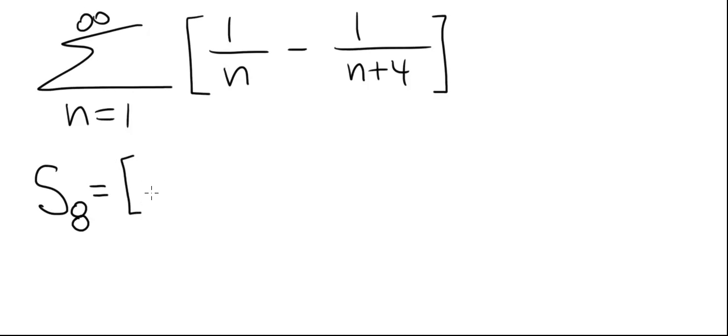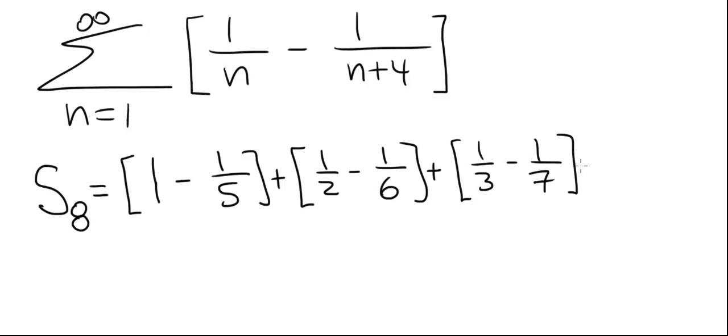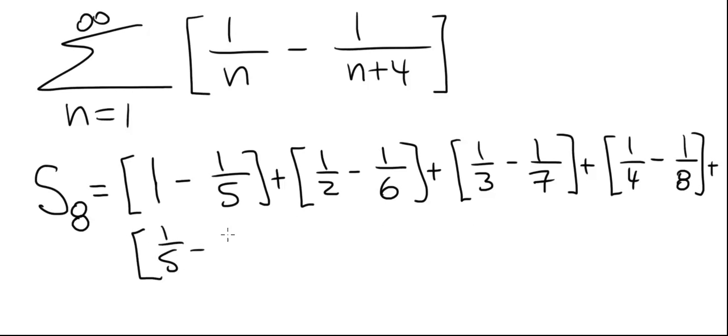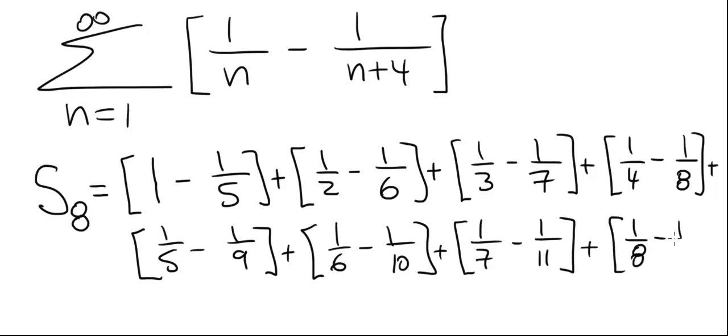Start with n equals 1. When we do that, we have 1 over 1, which is 1, minus 1 over 5. Now when n equals 2, we have a half, and then minus 1 over 6, plus 1/3 minus 1 over 7, plus 1 over 4 minus 1 over 8, plus 1/5 minus 1/9, plus 1 over 6 minus 1 over 10, plus 1/7 minus 1 over 11, and then plus 1 over 8 minus 1 over 12.